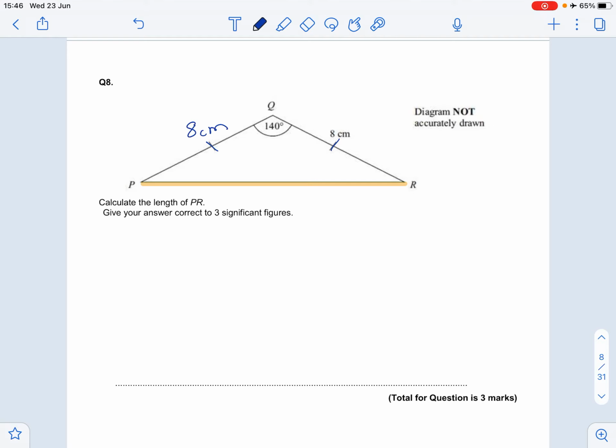When we have an angle and two sides, I'm thinking about my cosine rule. So I have a squared equals b squared plus c squared minus 2bc cos A.